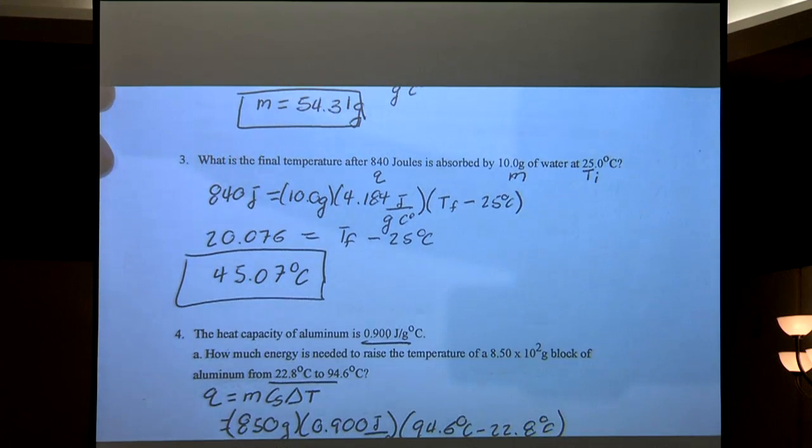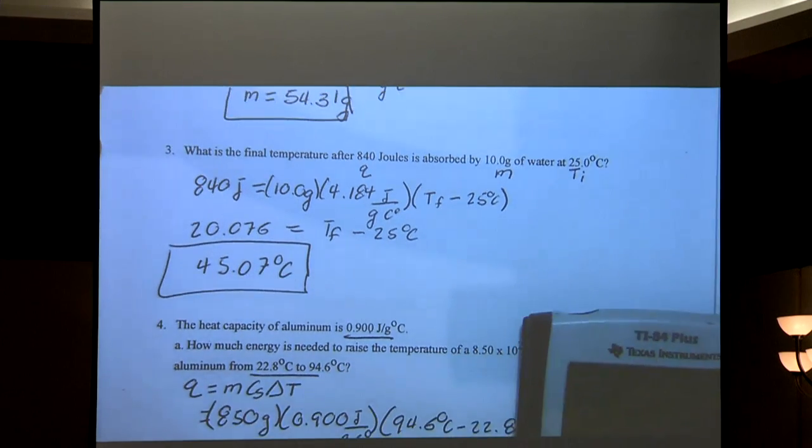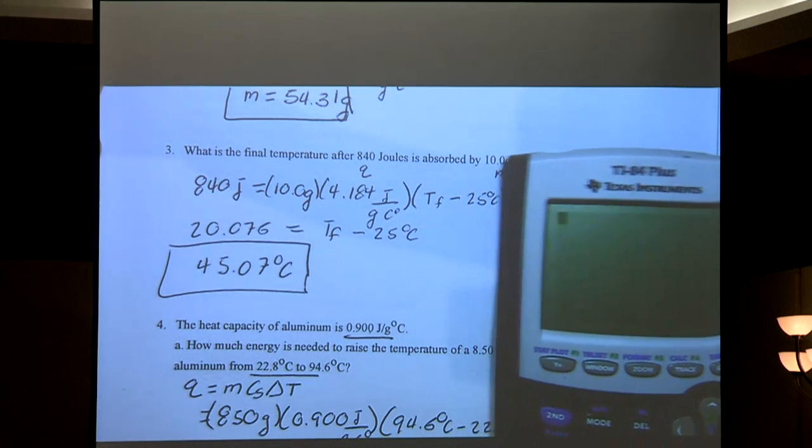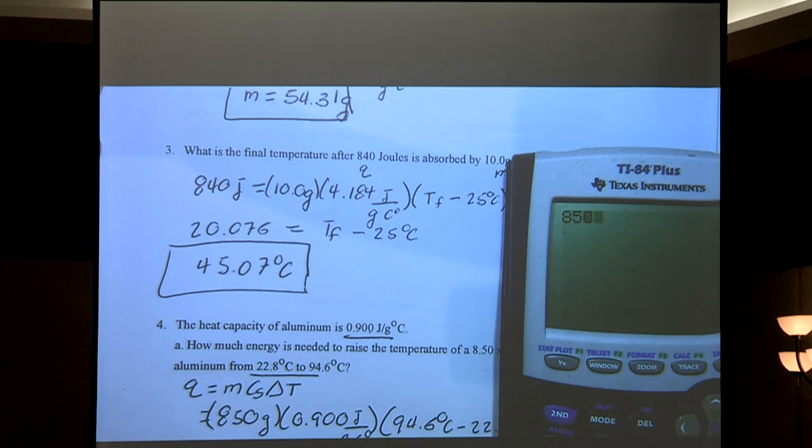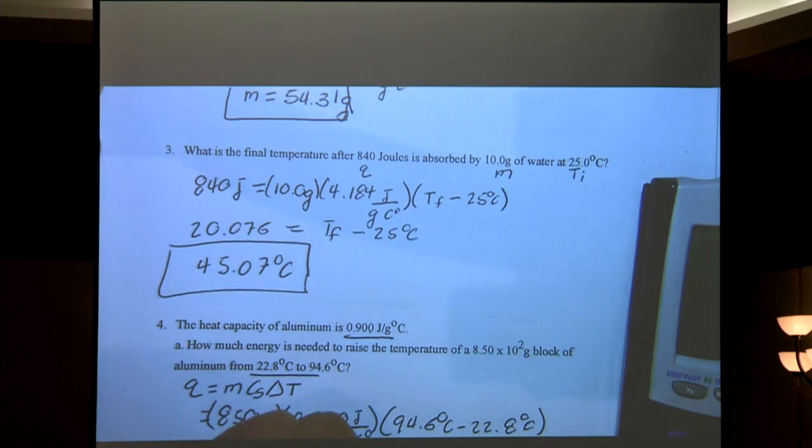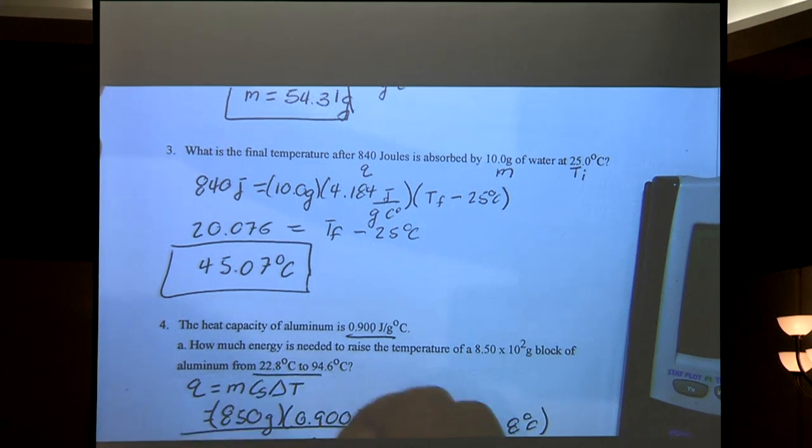I'm going to plug that in my calculator. We get 54927 joules.